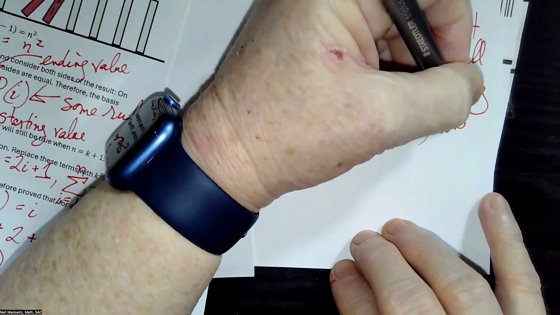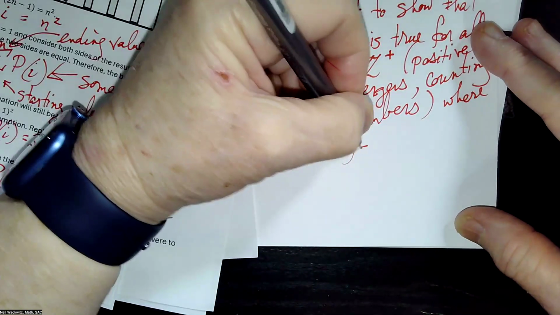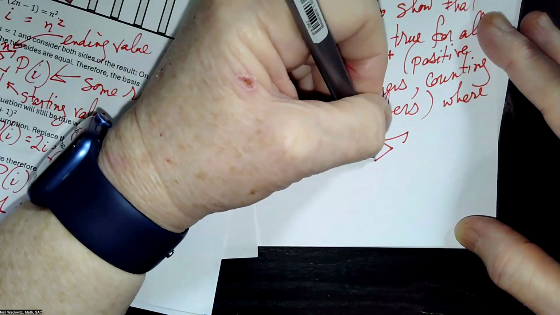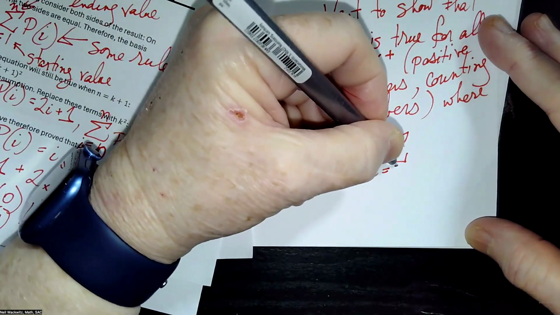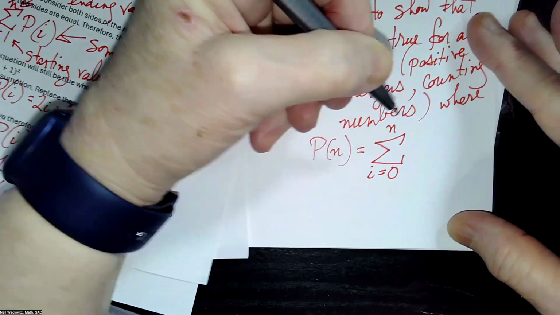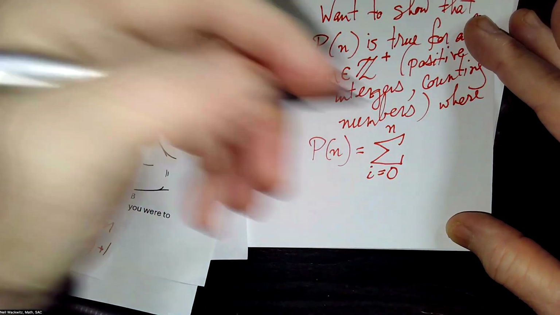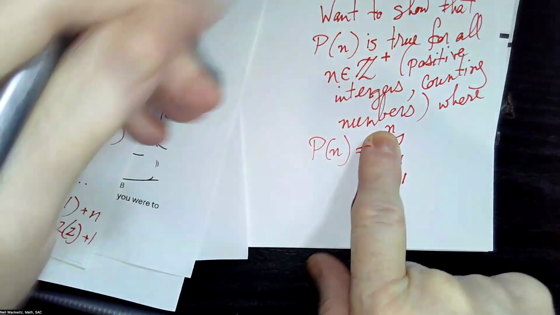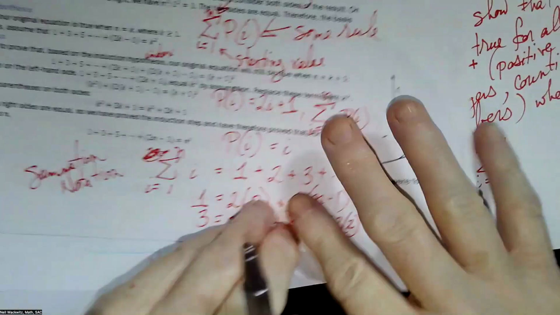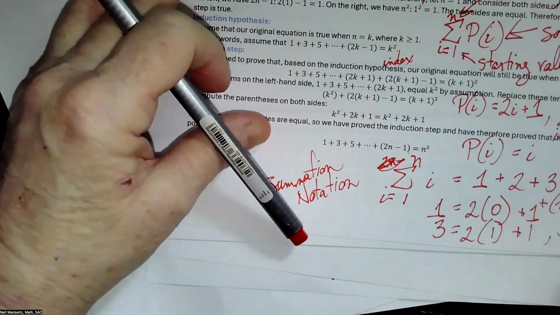So we want to show that P sub n is true for all n in Z plus, all positive integers, where P sub n is equal to the sum as i runs from 0 to n. Oh, I see. If i runs from 1 to n, because instead of looking at 1 as, I see what they did.